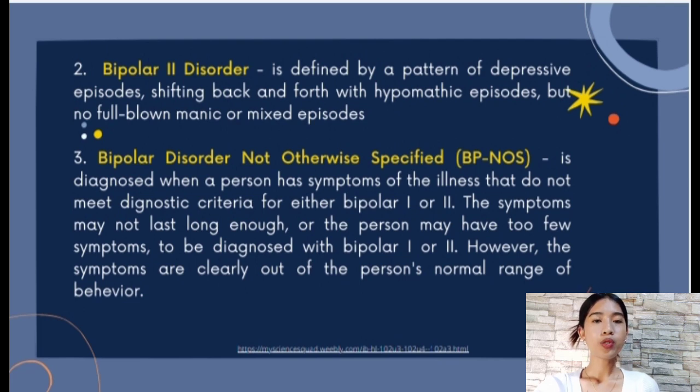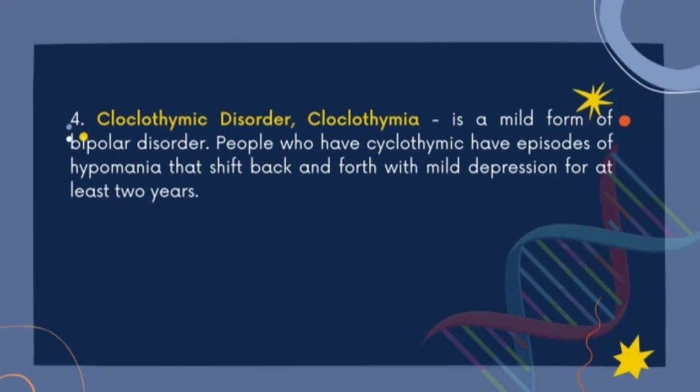It is diagnosed when a person has symptoms of the illness that do not meet diagnostic criteria for either bipolar 1 or 2. The symptoms may not last long enough, or the person may have too few symptoms to be diagnosed with bipolar 1 or 2. However, the symptoms are clearly out of the person's normal range of behavior.